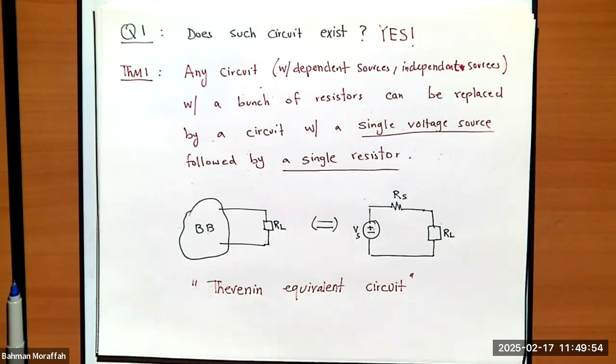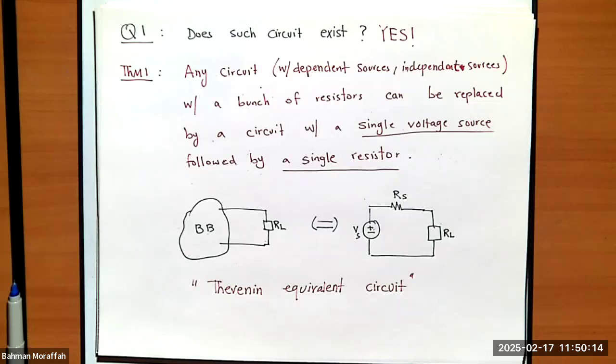I briefly mentioned how I can compute this Vs, but I still haven't told you how I can compute Rs. This theorem only tells me I can do this. I can replace this black box, no matter how complicated it is, by this very simple circuit.